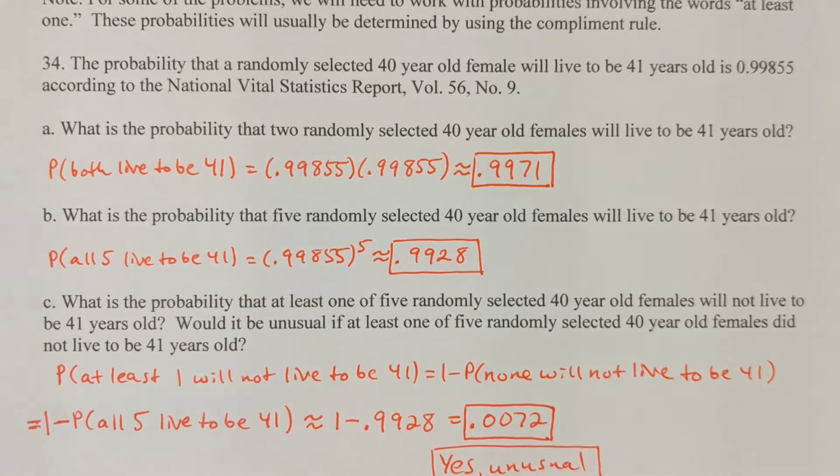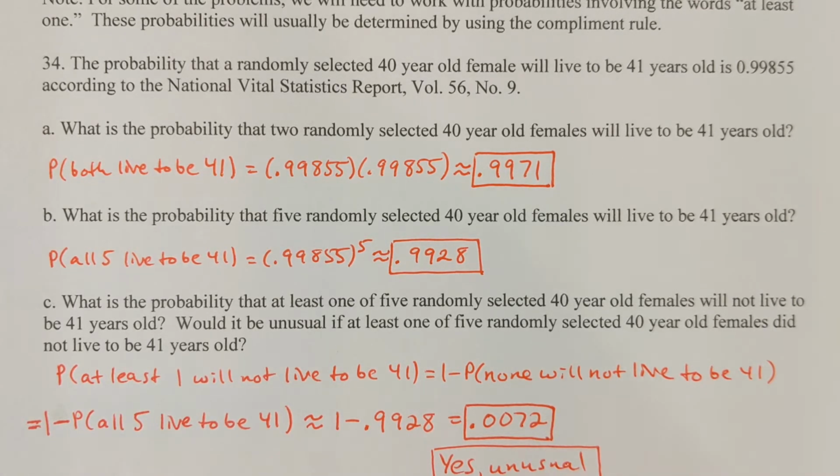In part A, what is the probability that two randomly selected 40-year-old females will live to be 41 years old? Okay, because multiple females are being selected, we would know that this is going to be a multiplication rule situation. Now, just because one female lives to be 41, that really doesn't affect another female living to be 41. So along with using the multiplication rule, we would also want to recognize that we have independent events going on in this problem.